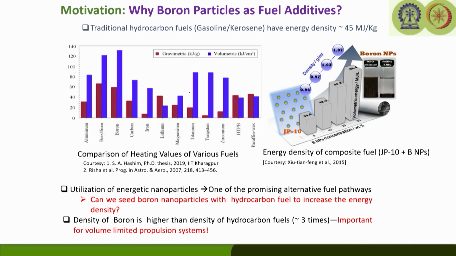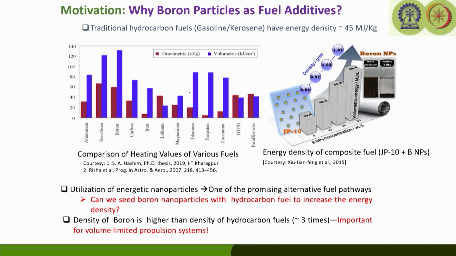In general discussions we have already talked about why energetic particles are so important for propellant application, but now we are looking at the motivation behind boron particles as fuel additives.